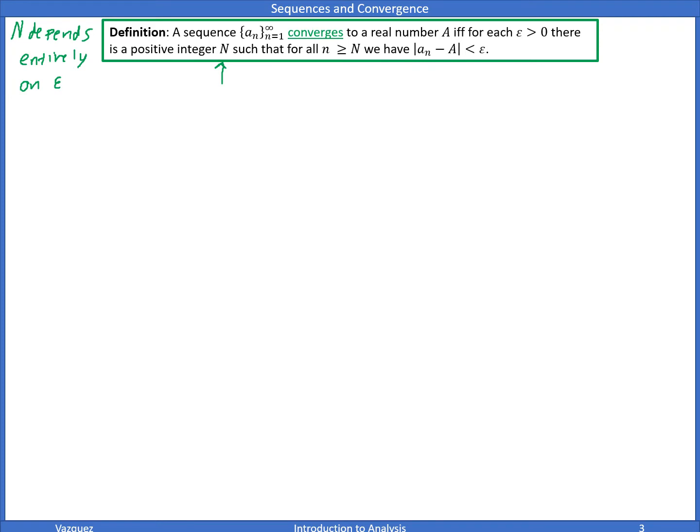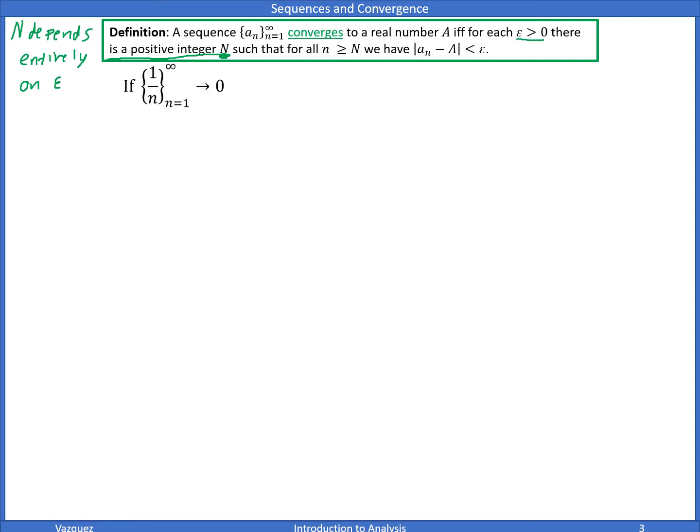And you may not know what that means just yet, but our definition says that for each epsilon, there is a positive integer N. So given an epsilon, we can find that positive integer big N such that the rest of the definition follows.